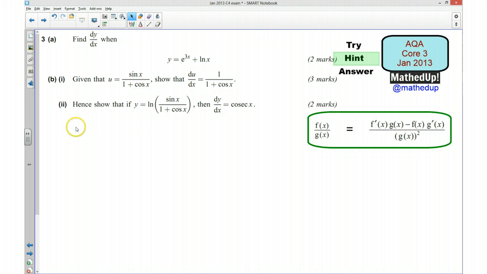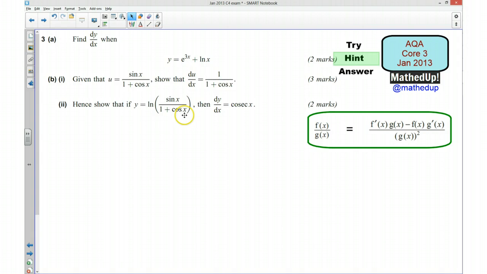For part 2, it says hence show that if y is equal to ln of sine x over 1 plus cos x, then dy by dx is equal to cosec x. Well, we're going to use a mixture of the ideas that we've just found in part A and part B1. We can see that u is going to be equal to this part here.